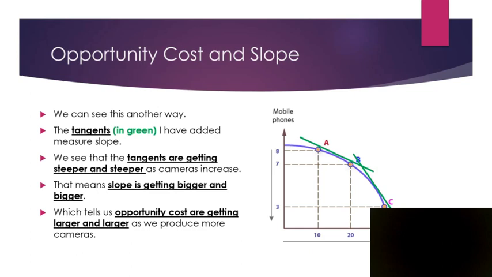Opportunity cost is simply a measure of slope, right? Change in one over the change in the other. Rise over run is slope. So one more time, opportunity cost is nothing more than a measure of slope. So here with this bowed out PPF, we see slope getting bigger. Since slope and opportunity cost are the same thing, that means opportunity cost is getting bigger.